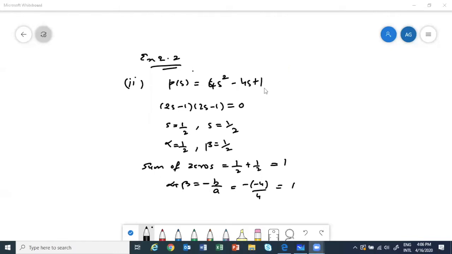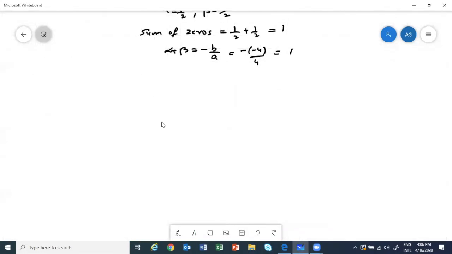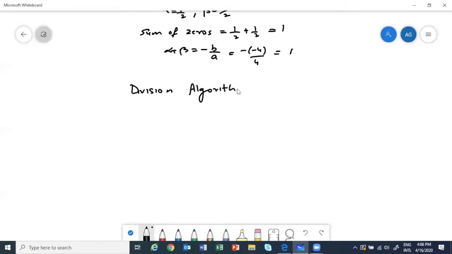Okay. So assuming that you all have no doubts from exercise 2.2, I will start with the next, and almost we are about to finish the chapter. Today we are going to talk about division algorithm for polynomials.